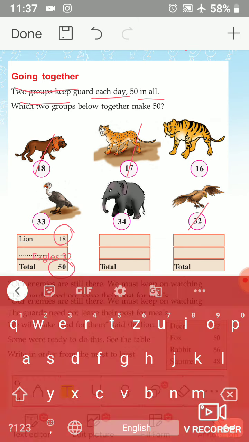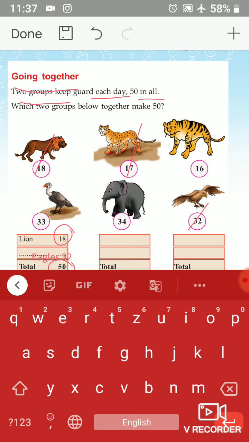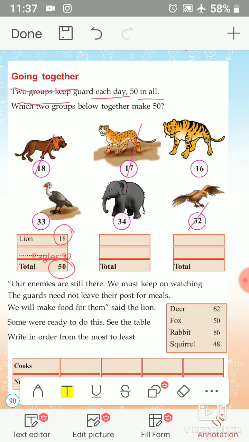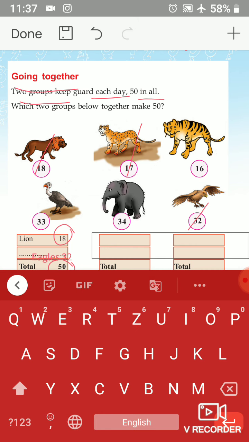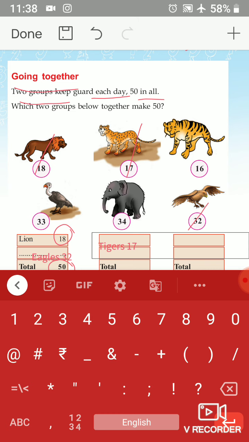How many tigers are there? 17 tigers. Okay, then all of you write here: 17.